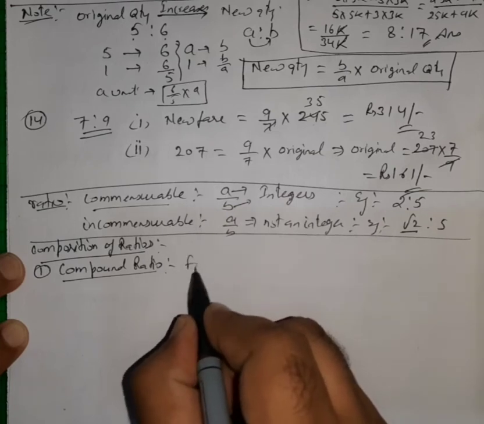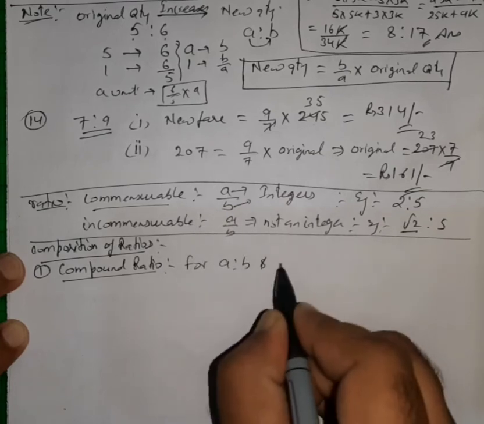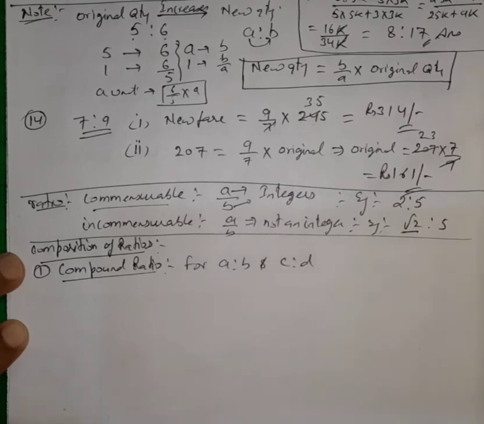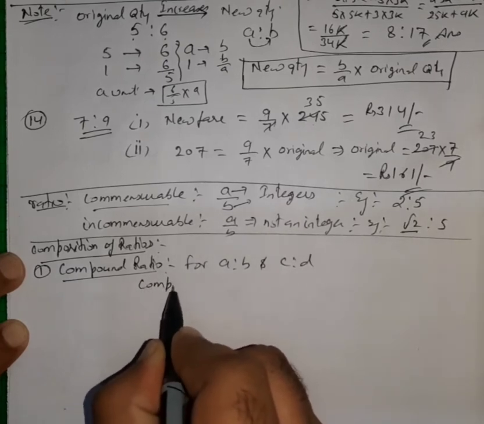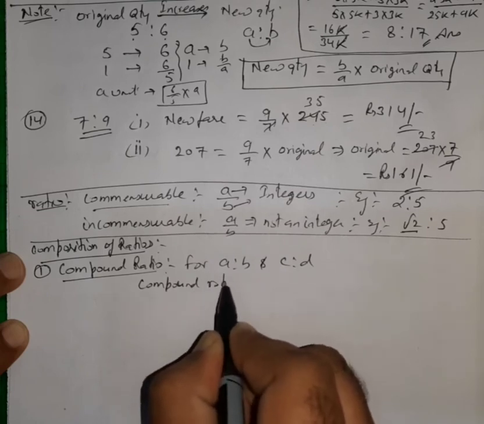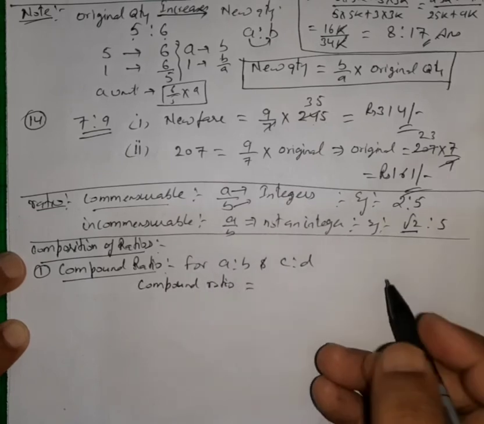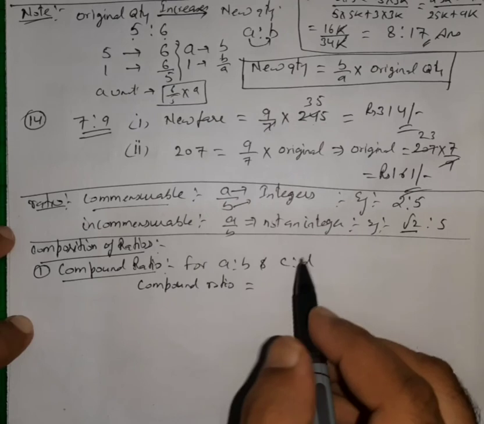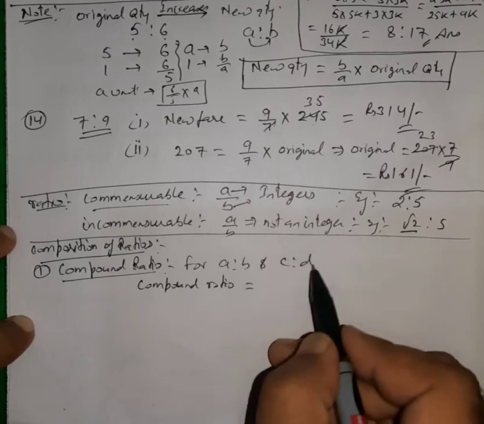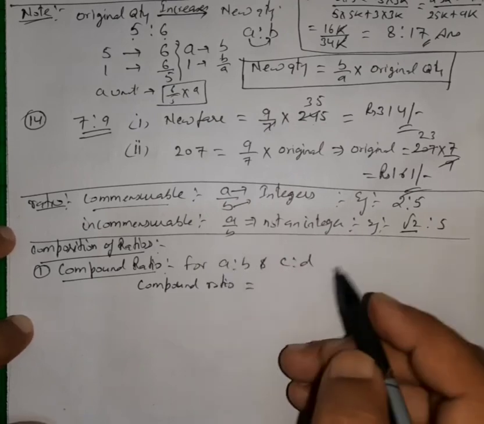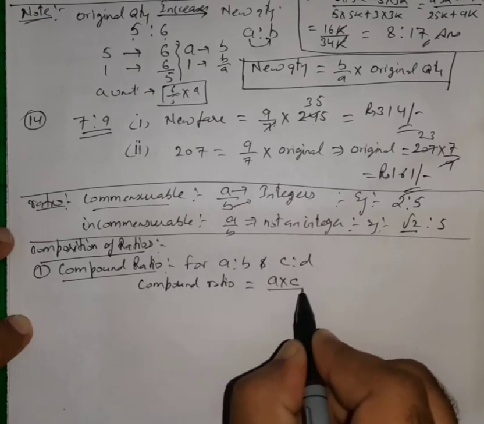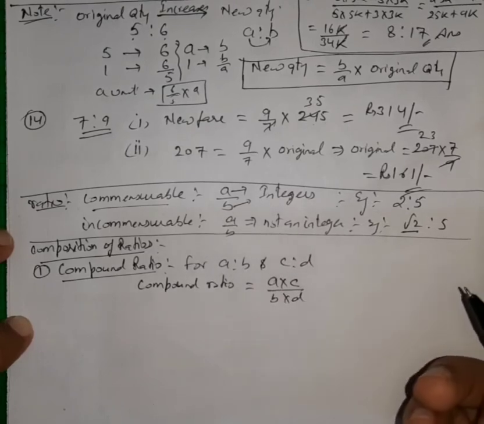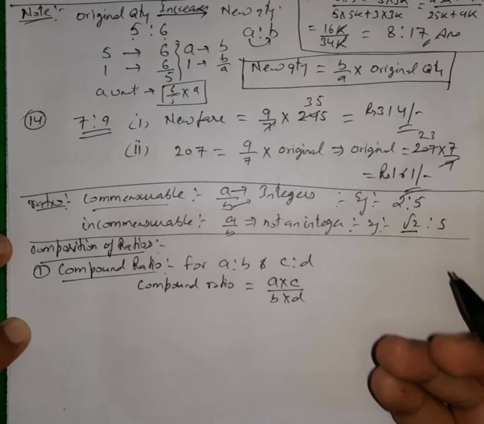So let us say that we have two ratios, A is to B and C is to D. Then the compound ratio will be the ratio between the product of the antecedents and the product of the consequents. Means we will multiply the first terms, A multiply C is to B multiply D. So this will be called a compound ratio.